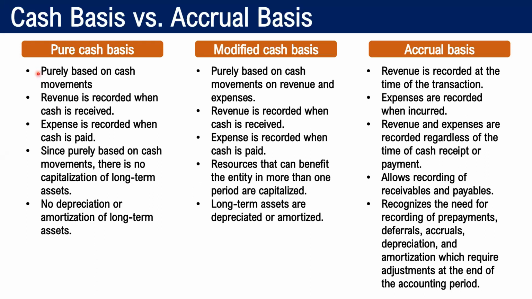Unlike in pure cash basis, where all cash outlay is an outright expense. That is why few companies use pure cash basis anymore. Even if they use cash basis, there is already capitalization of assets. And those long-term assets that are capitalized are also depreciated or amortized depending on the need. So that is what happens in modified cash basis.